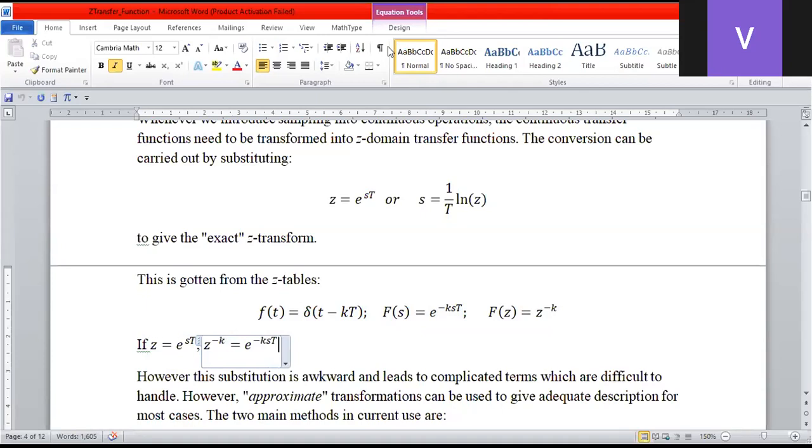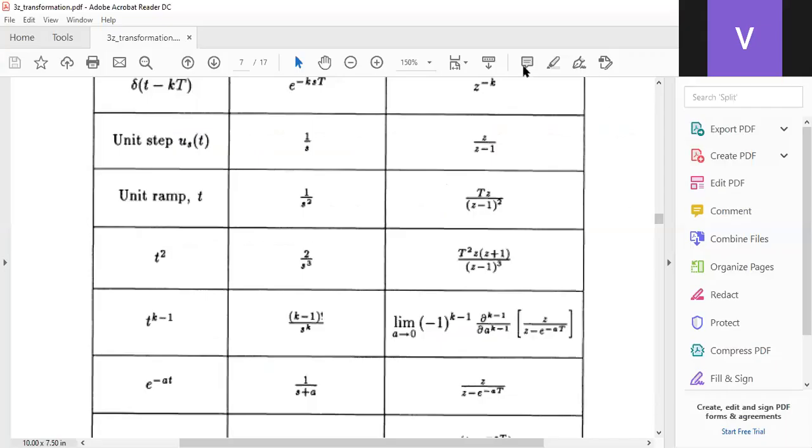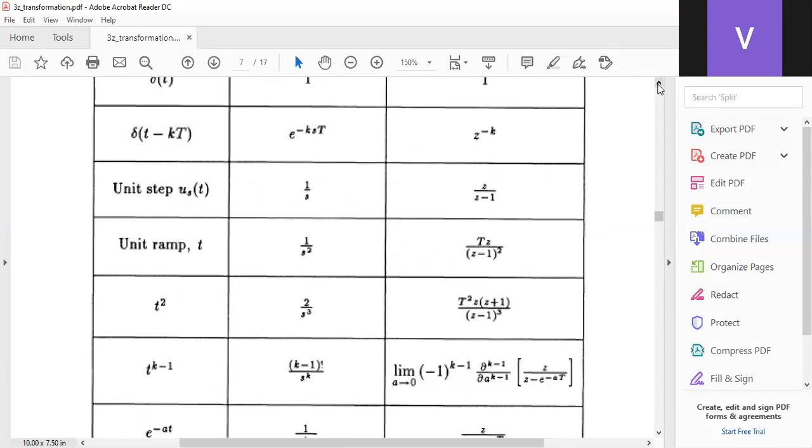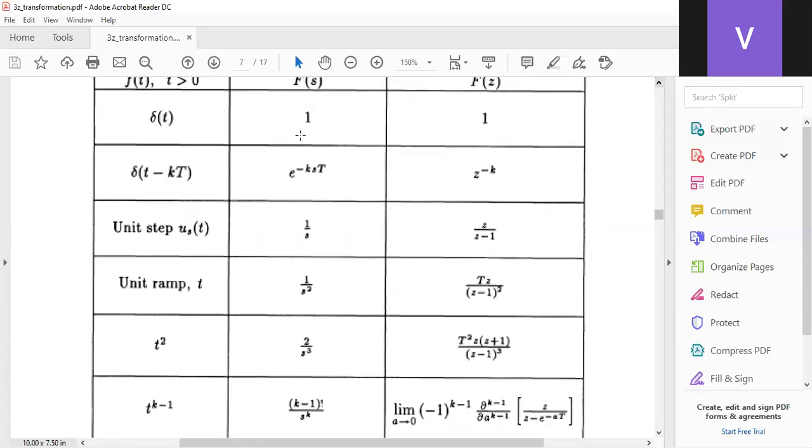So let me go back to the Z tables. You can see that I'm referring to the Z tables a lot in this class, so the Z tables are very, very important. This is what I took from the Z tables, this line where my cursor is.